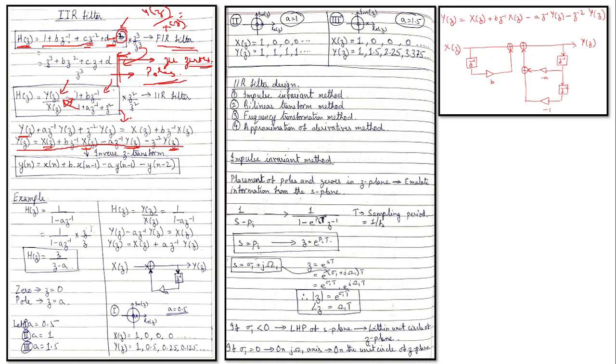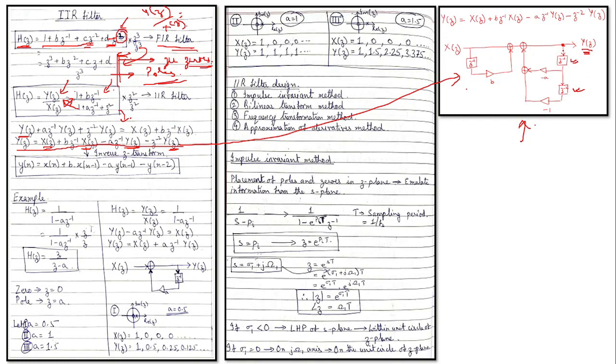Okay. Now if we go and try to realize the filter, we have this equation for Y(z), and we take it and try to realize the filter, we will get this realization. Now if you see, for calculating Y(z), we are basically taking the inputs, and these delays are making use of the past outputs.